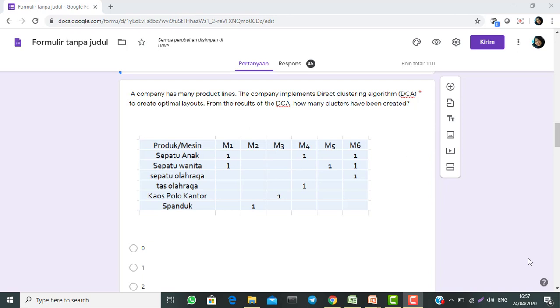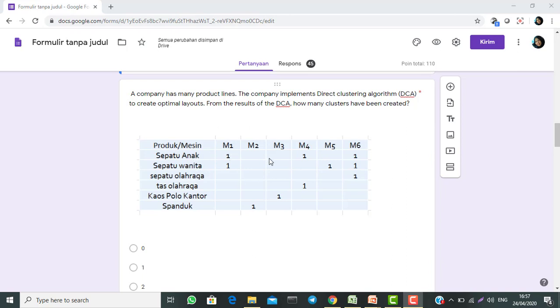We have the important information, the product machine matrix. The product machine matrix tells about the products produced in the company and the several machines that will be used to create each product.